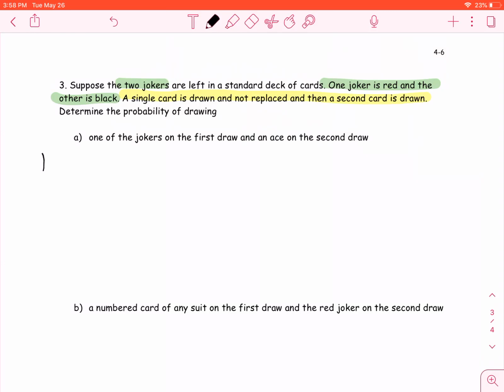Okay, so what is the probability of drawing a joker? Okay, well, there's now 2 jokers that are included in that set, and instead of 52 cards, we have to add 2, so it's 54, which is equal to 1 over 27.